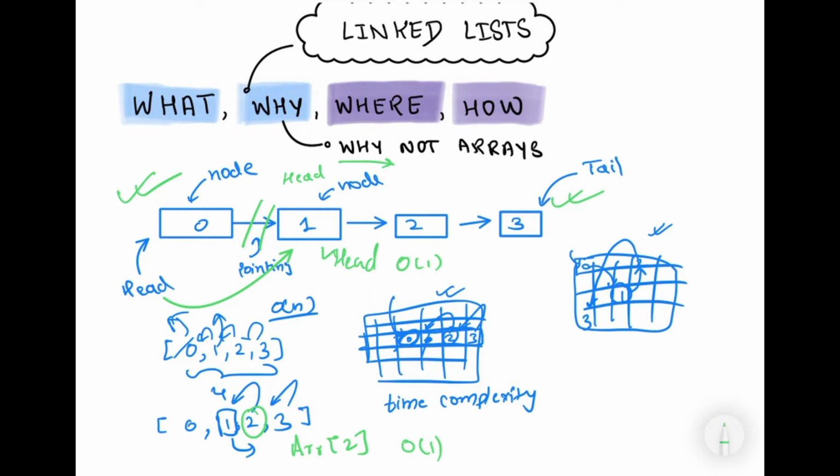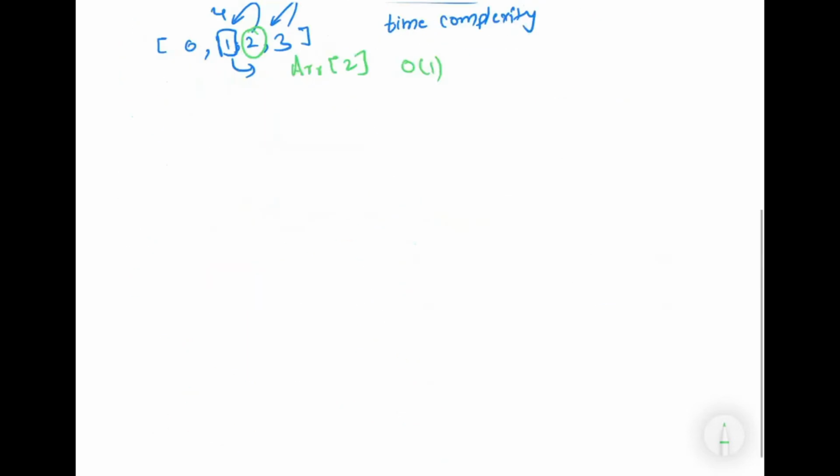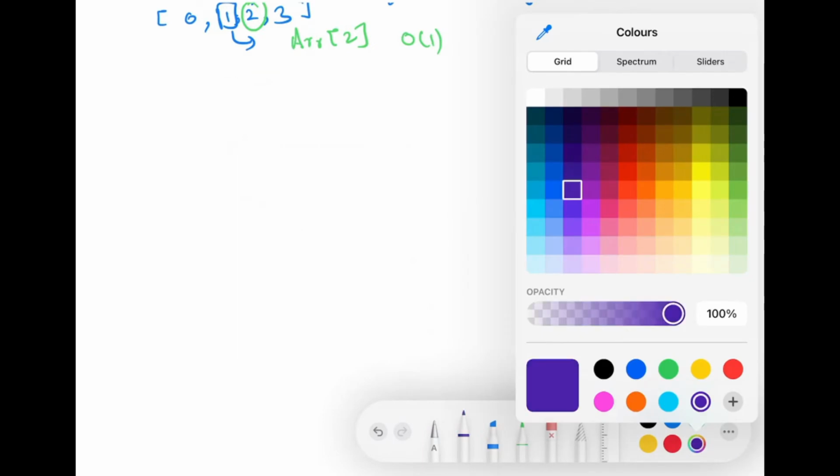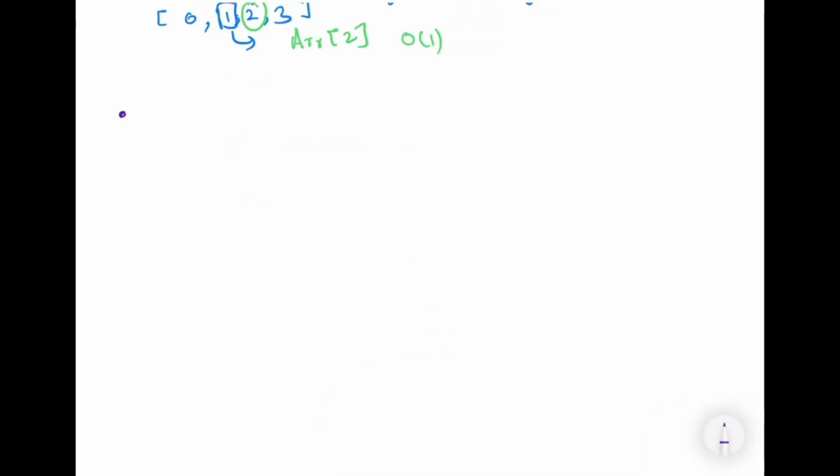Now let's talk about where linked lists are used, and then we can also check out how this data structure came into existence from the coding point of view. So where have I seen a linked list being used? It has to be a queue. A queue is a first in first out data structure.